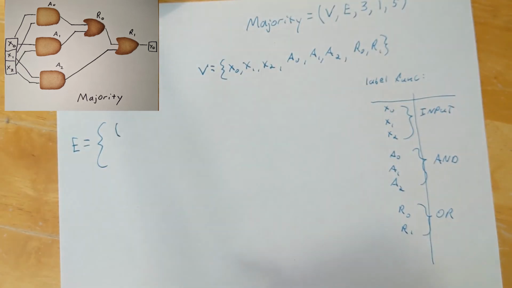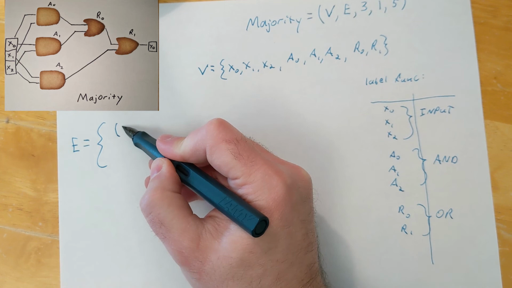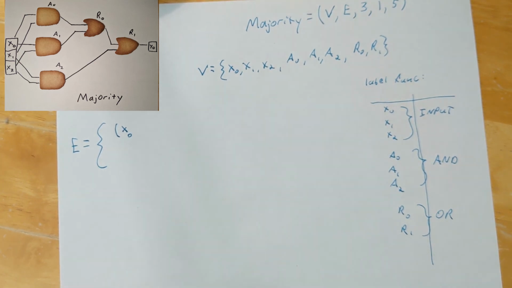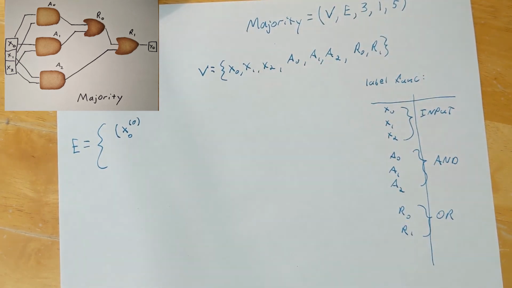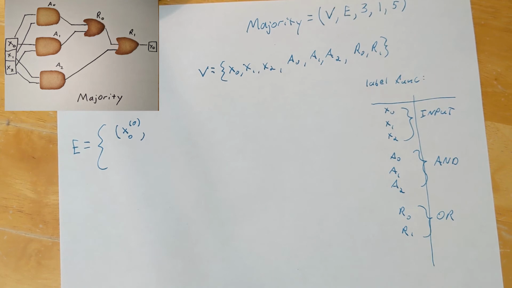Let's go ahead and start with some of the edges that are coming out of input bits. We have an edge that goes from x0, and in this case there is only one output from our input. There is only one value that we're going to get out of a particular input bit. We still need to give that a superscript just for consistency, so I'm just going to give that the superscript of 0. And then that input bit x sub 0 is going to go in two places.